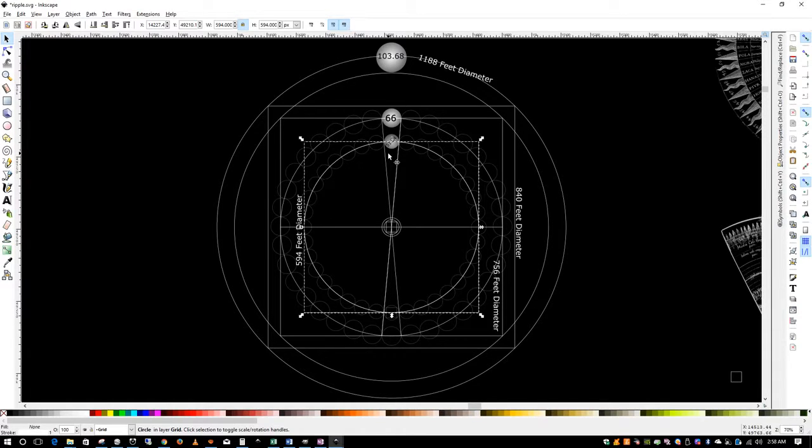So the difference between pi and this method here would be the difference of the tree versus the forest. If you want to look at the tree, you use pi. If you want to look at the forest, you use these other methods that they were using a long time ago, because they show you the harmony among things more.